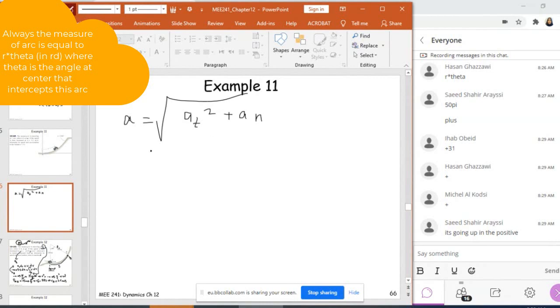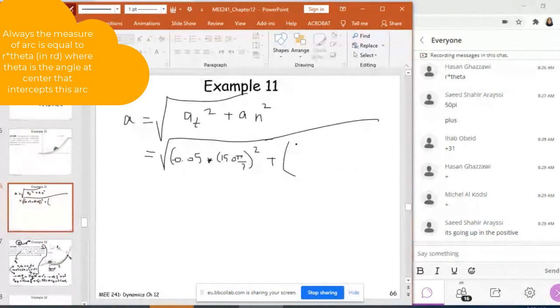I know now AT because in fact I know S. So I know that AT is equal to minus 0.05 times SAB, which is 150 times pi over 3, and this is squared. So it will be minus 7.85, this AT, plus AN squared. Now what is AN squared, guys? AN is V squared over rho.